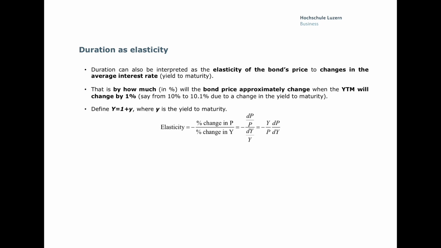Define capital Y as 1 plus lowercase y, where lowercase y is the yield to maturity, and let P denote the price of the bond. The elasticity is then simply the negative of the percentage change in the bond price, dP over P, divided by the percentage change in the yield to maturity, dy over y.